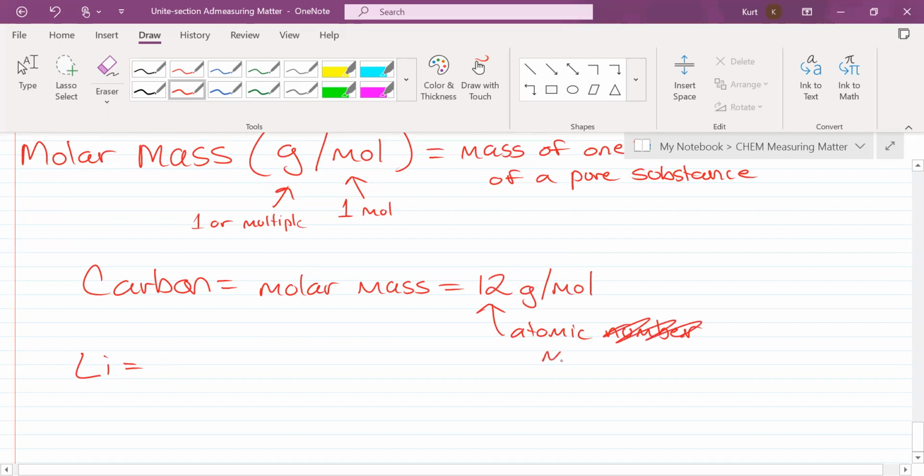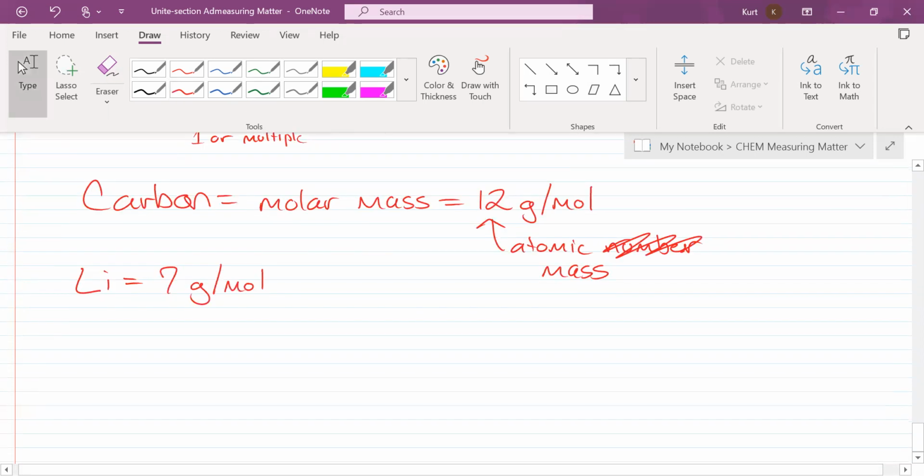I apologize. Thank you for catching me. So for lithium, what is it? 3? No, that's the atomic number. 7. You're going to say 7 grams per mole. That's right. You guys need to be sure you know the difference between the atomic number and the mass number.